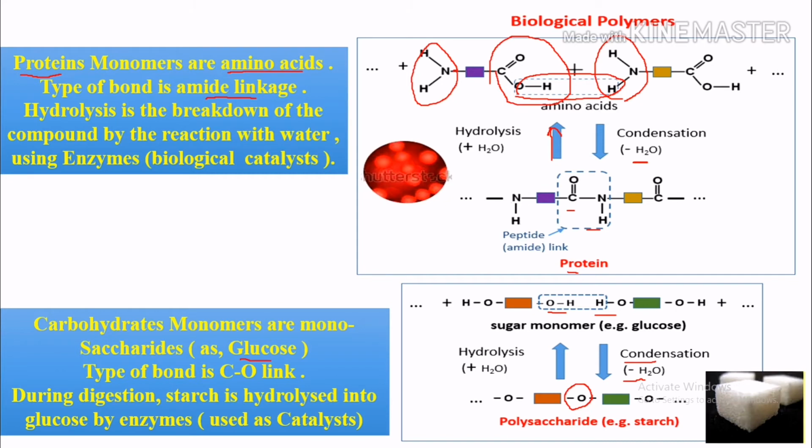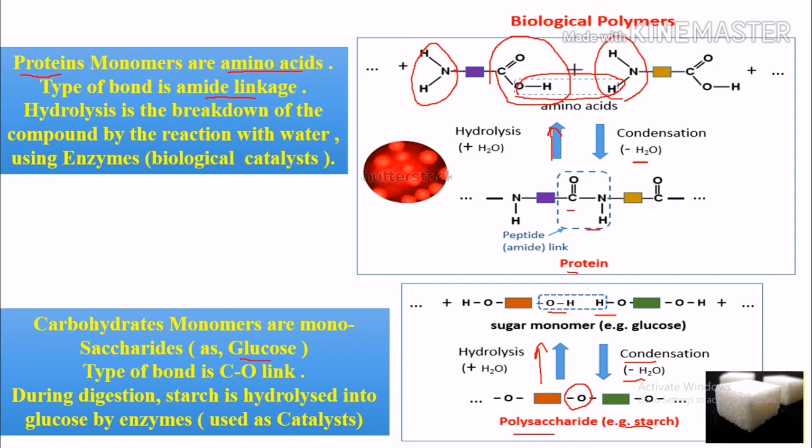This new type of polymer is known as polysaccharides, or starch, or cellulose, used for making carbohydrates. All of these compounds are known as carbohydrate compounds. These compounds can be hydrolyzed by adding water, using enzymes as biological catalysts, to convert them again into our monomers.